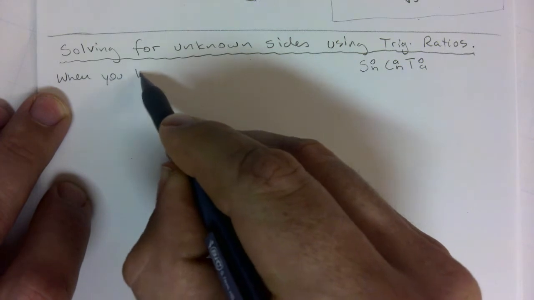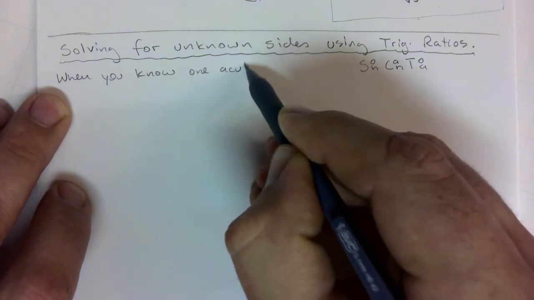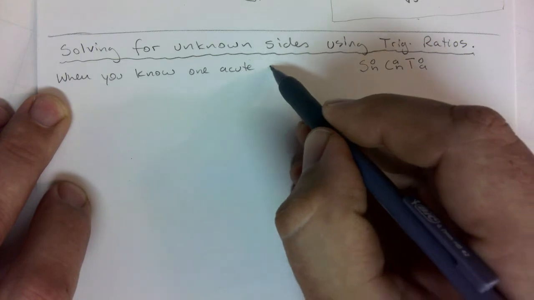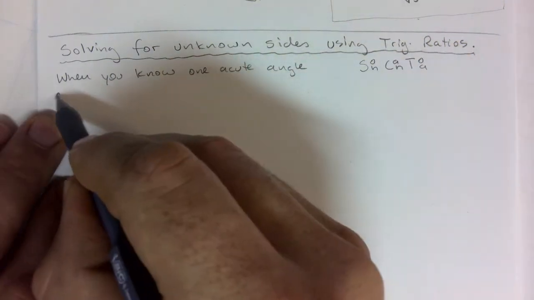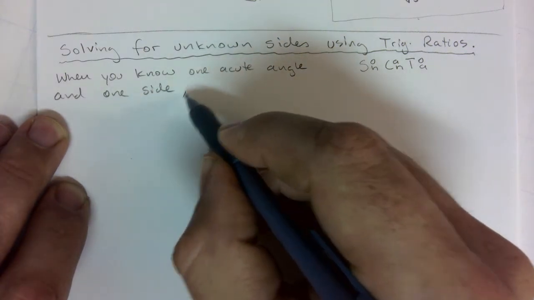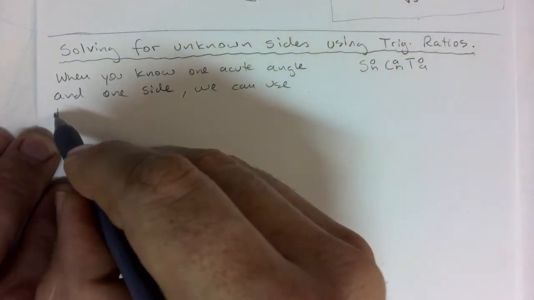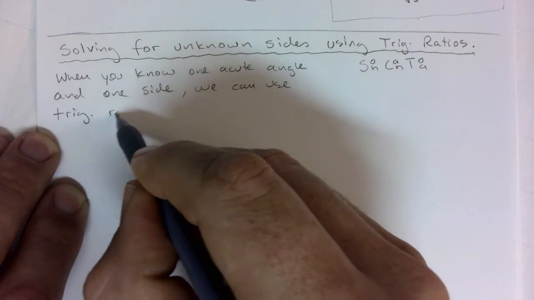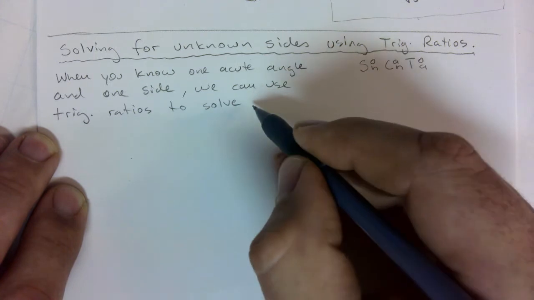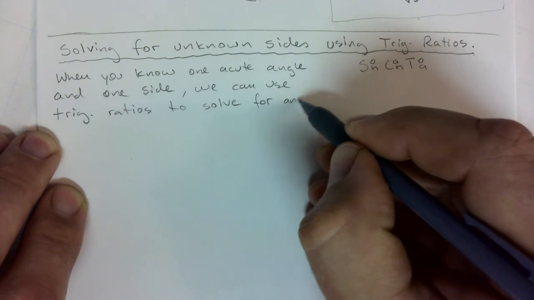When you know one acute angle, because the right angle will always be given, the 90 degree, and one side, we can use trig ratios to solve for another side.